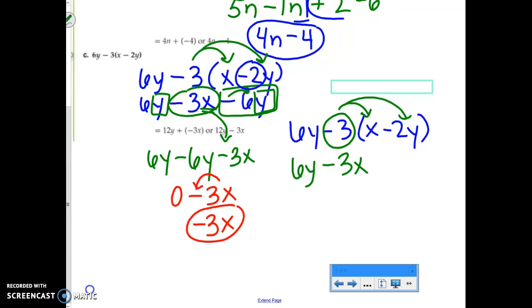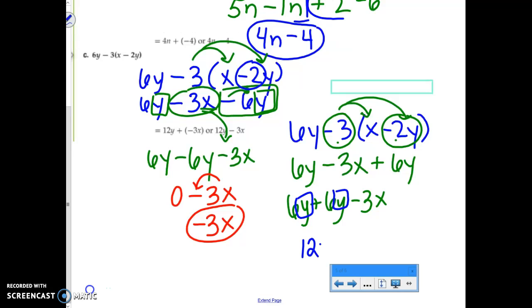A negative 3 times a negative 2y gives me a positive 6y. Okay? That is where we messed up. So I really can arrange this 6y plus 6y minus 3x. These two are like terms, so I know I can combine them. I get 6 plus 6 gives me 12 total y's minus 3x. Great, I'm glad we caught our mistake. So don't make that same mistake that I made there.